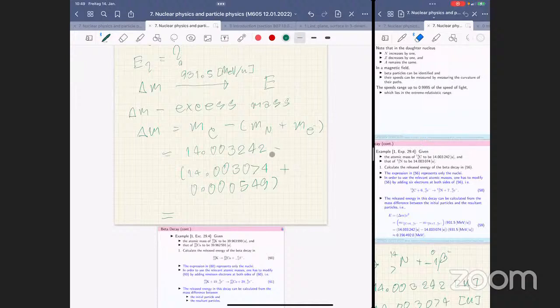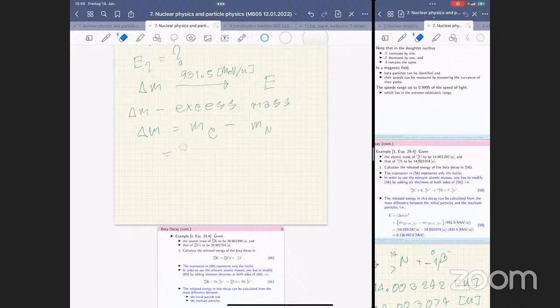We use this value for the mass of the atom, that is perfect. It is not in the ionizing state, so it's only the difference between those two values: the mass of carbon and the mass of nitrogen only.